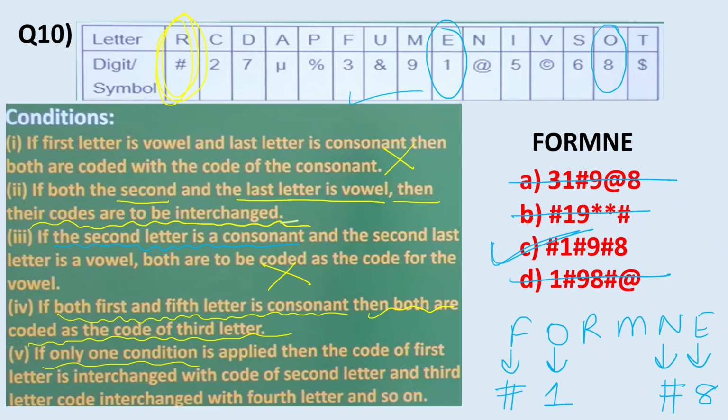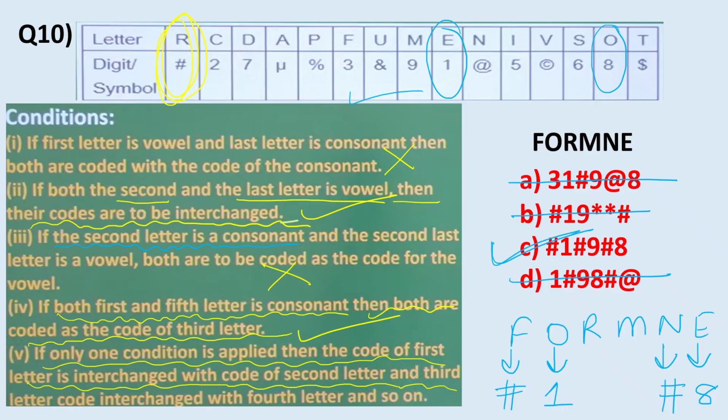If only one condition is applied, then the code of the first letter is interchanged with the code of the second letter, and the third letter's code is interchanged with the fourth letter, and so on. If only one condition is applied, they have said. But here, from 1 to 5, we have applied two conditions. That is, the second condition and the fourth condition are applied. So two conditions are applied. So now what to do?